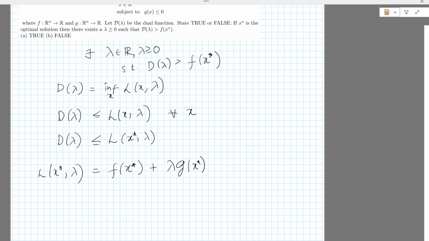Okay, now here lambda is greater than or equal to 0, and because this is optimal, g of x star is less than or equal to 0. So that means this is negative. Lambda g of x star is less than or equal to 0.